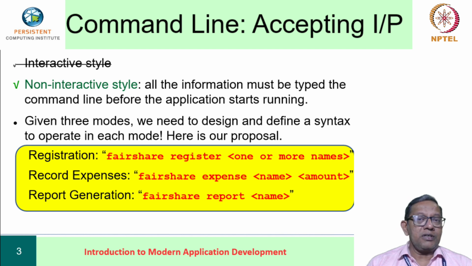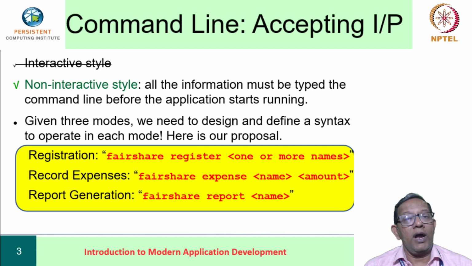Finally, report generation would simply involve accepting the name of the roommate whose report is to be generated. Recall that this is a design decision for us. We have decided that we would be generating report for one and only one roommate. There are other choices that we had seen before, but we choose not to use any of them.